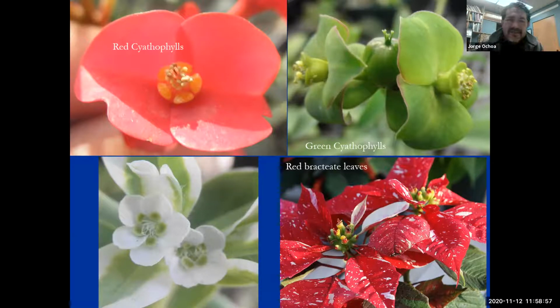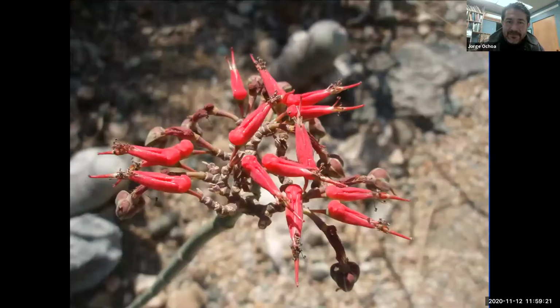So there may be red, as in the case right here, or there may be green if they're still photosynthetic, or there may be white, or sometimes there's going to be bracts, as in the case of Euphorbia pulcherrima, which is the poinsettia that will be important and available for Christmas. So there may be a little bit of a variation among them.